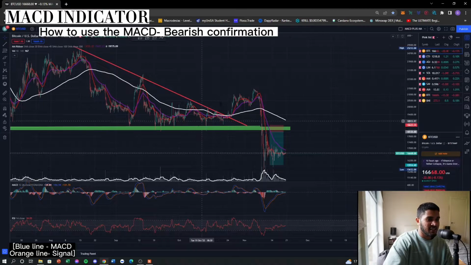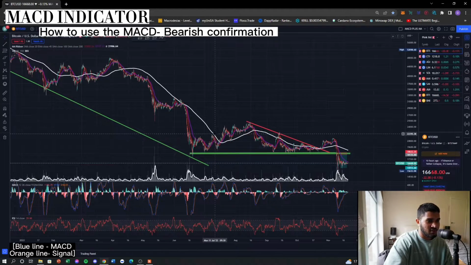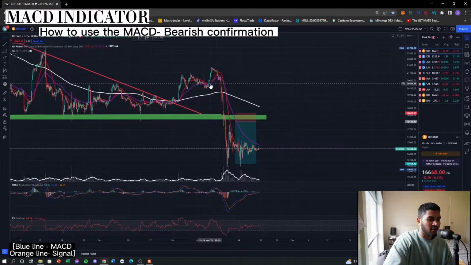So we can clearly see price was approaching a resistance level somewhere around here, as you can see from here, and potentially somewhere around here. So that was an area of resistance. And when it approached that area of resistance, we can see that Bitcoin was basically overbought because the RSI was indicating that.